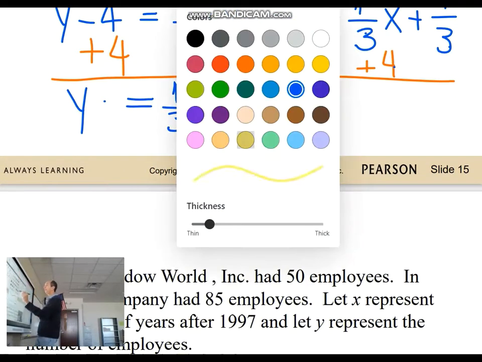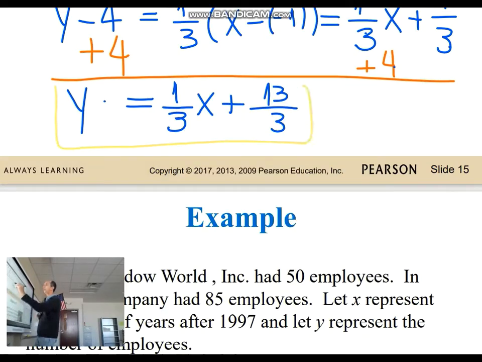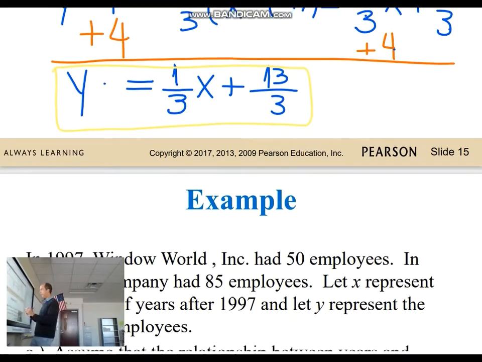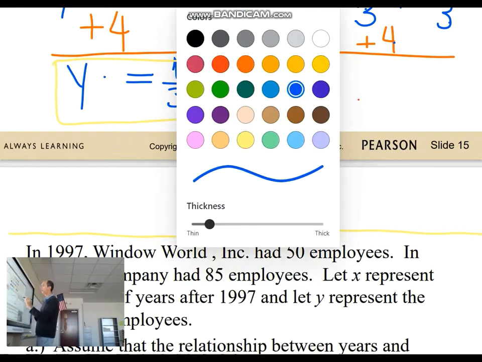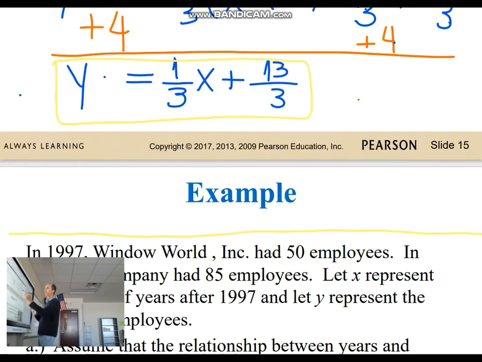Remember that the question is asking to answer in standard form, and this is slope-intercept form. Let me borrow some space here. If we want to show this in standard form, we need to move x to the other side of the equation, and then you're going to have negative 1 over 3 x plus y equals 13 over 3.